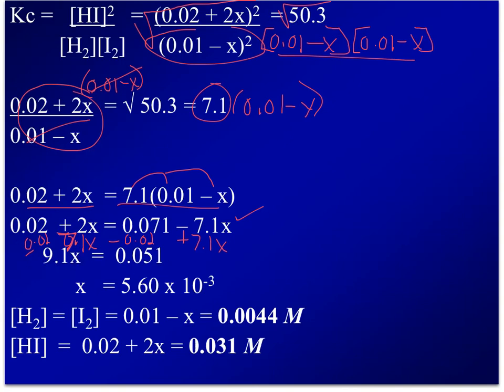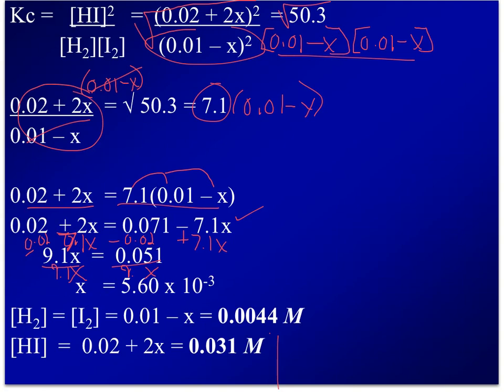Now we just divide both sides by 9.1. Oops, I'm sorry. We're not dividing both sides by 9.1, we're dividing both sides by 9.1 to solve for x. Okay, and that finally gives us x equals 5.6 times 10 to the negative third.